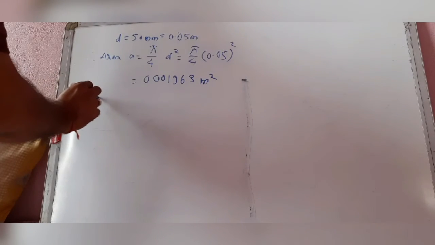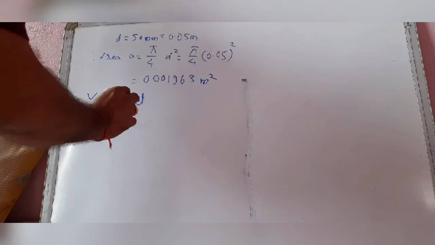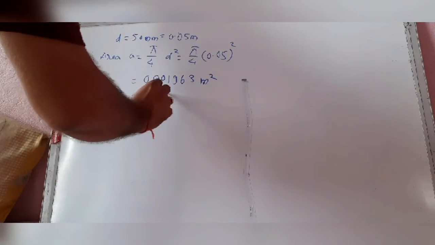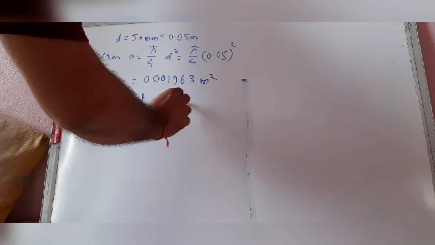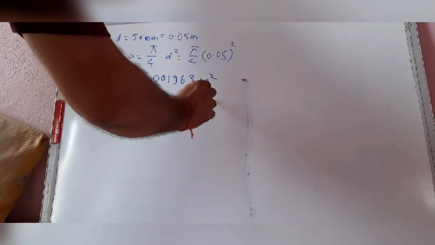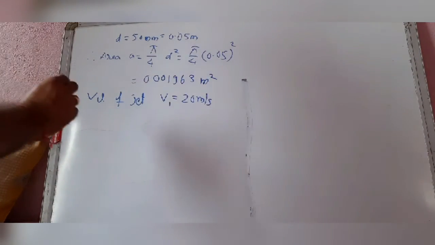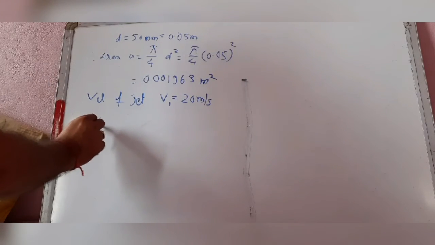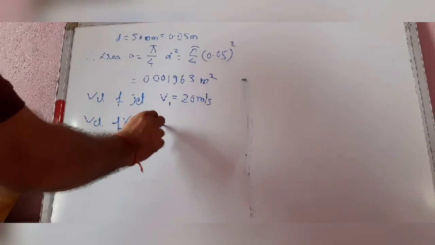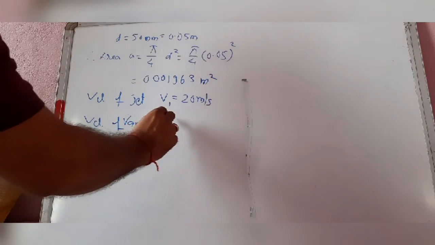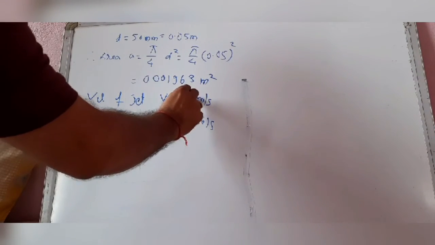Velocity of jet V1 is given in the question as 20 meter per second, and velocity of vane U1 is equal to 10 meter per second.